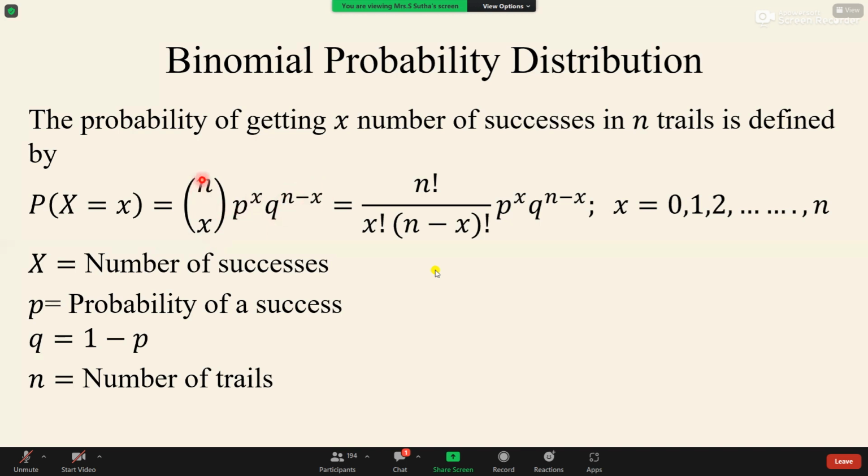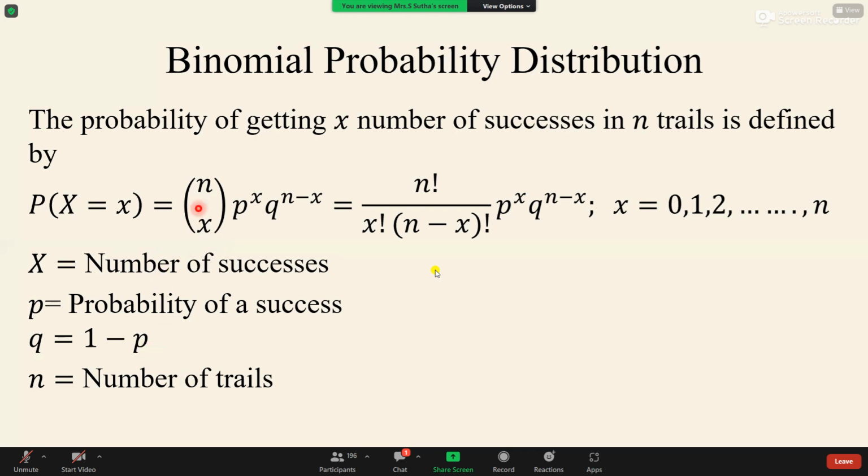So here n denotes the number of trials. X is the number of successes, right? And p is the probability of success, and q is the probability of failure, which is given by 1 minus p, right? So these are the notations.